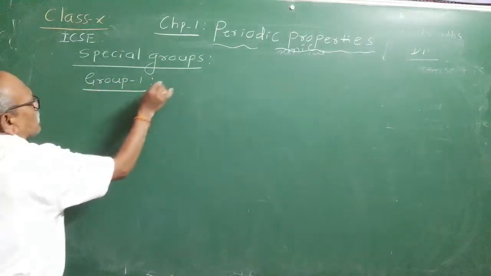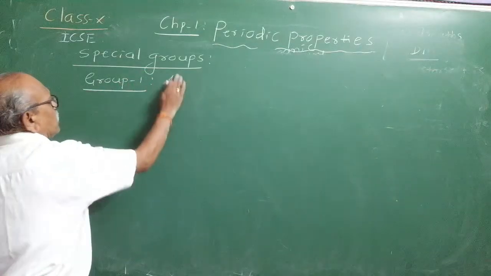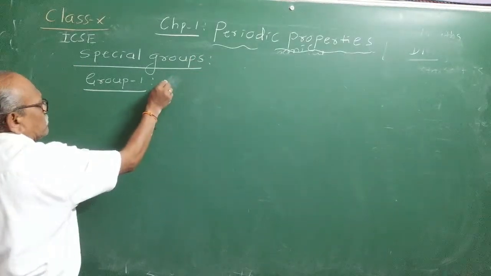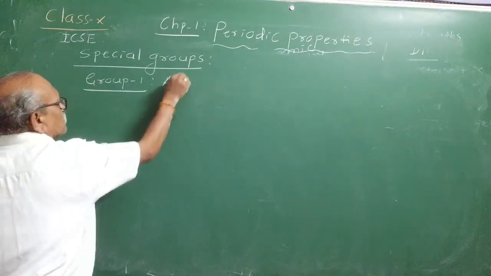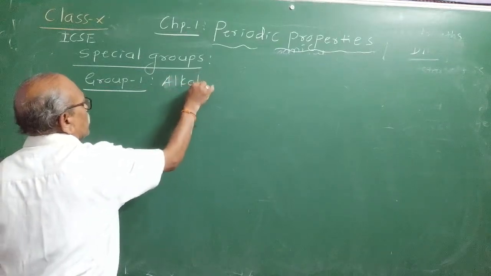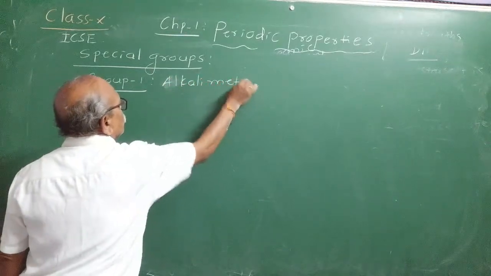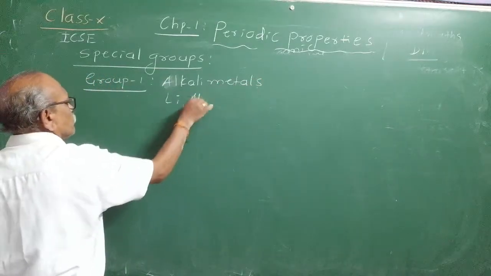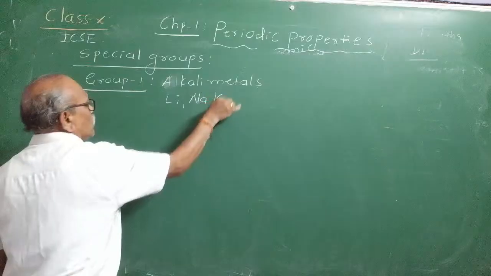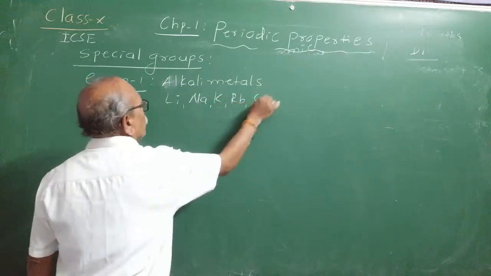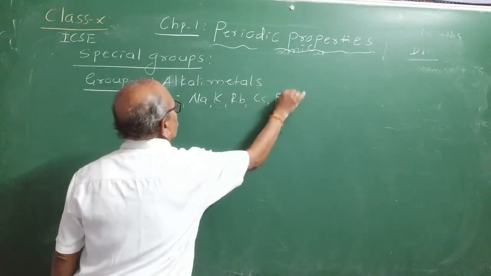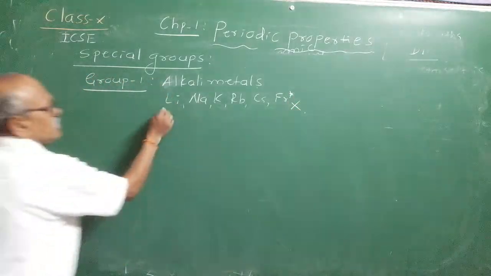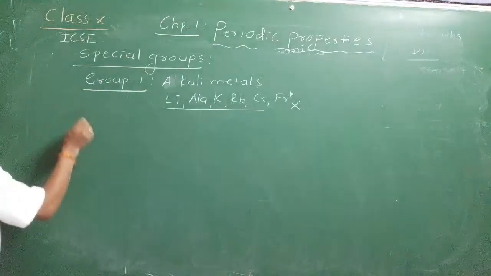Group 1 elements are called alkali metals. They include lithium, sodium, potassium, rubidium, cesium, and francium. Francium is radioactive, so it is not taken; we go up to cesium. They are alkali metals.